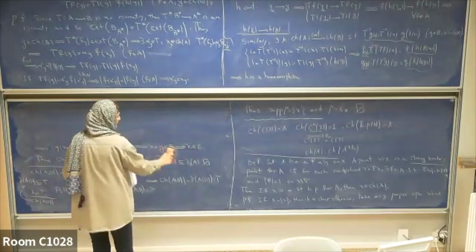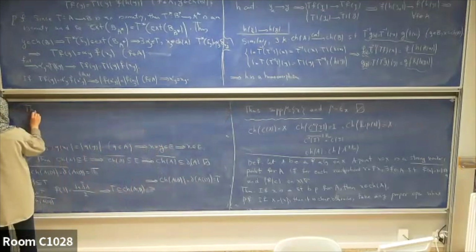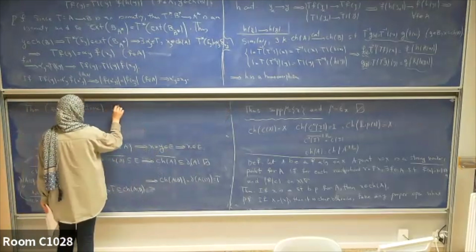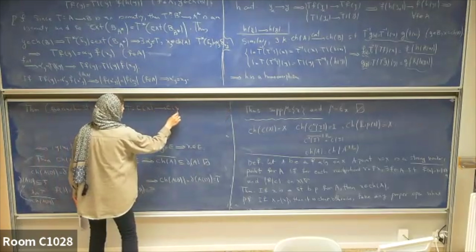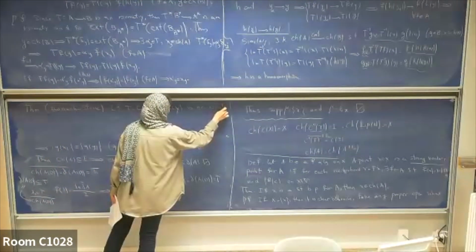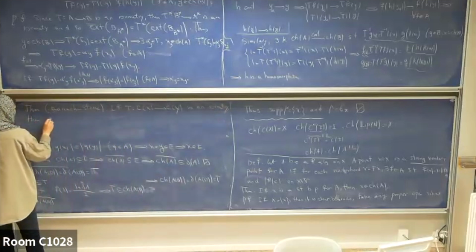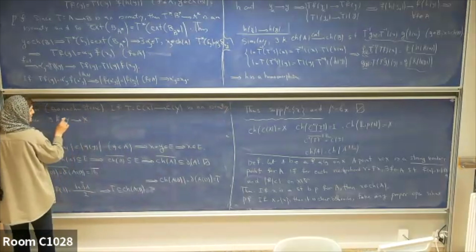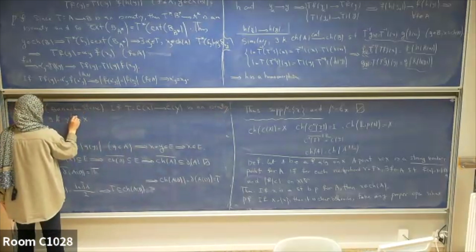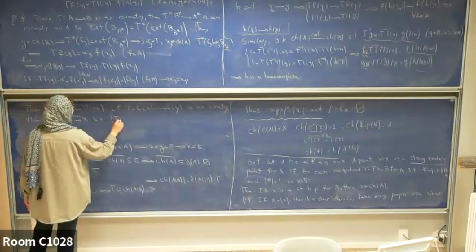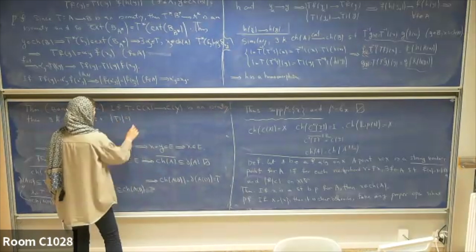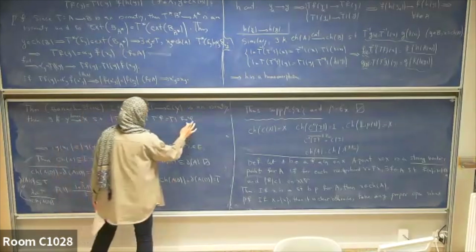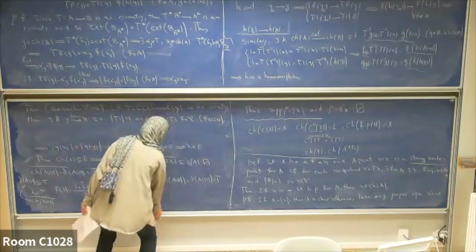Using this fact, the Choquet boundary of C of X is the whole X. If T from C of X onto C of Y is an isometry, then there exists phi from Choquet boundary of C of Y to Choquet boundary of X, a homeomorphism, such that the absolute value of T of 1 is 1 on Y, and T of f is T of 1 times f composed with phi on the whole Y. This is a nice Banach-Holsztyński theorem.